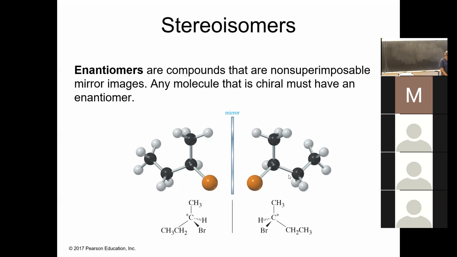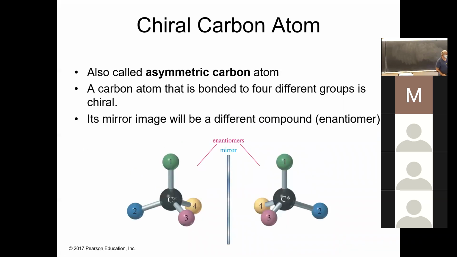Enantiomers belong to a class of compounds called stereoisomers. And we can usually identify asymmetry, which is the underlying cause of chirality, by looking to see if a carbon has 4 different groups or atoms attached to it.